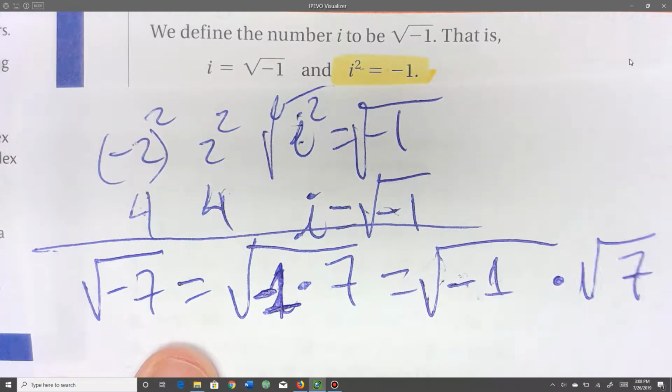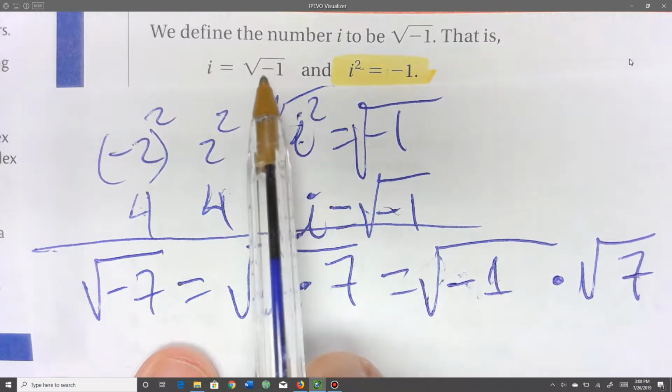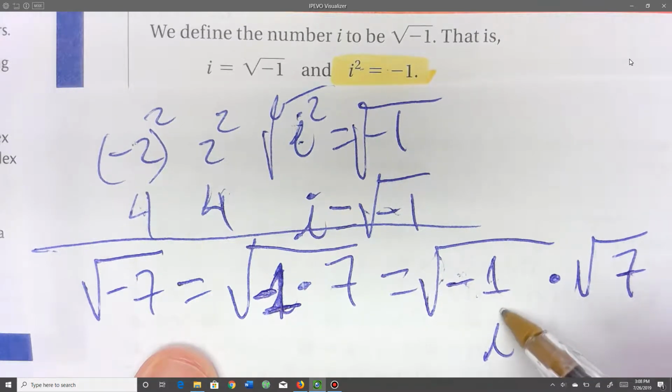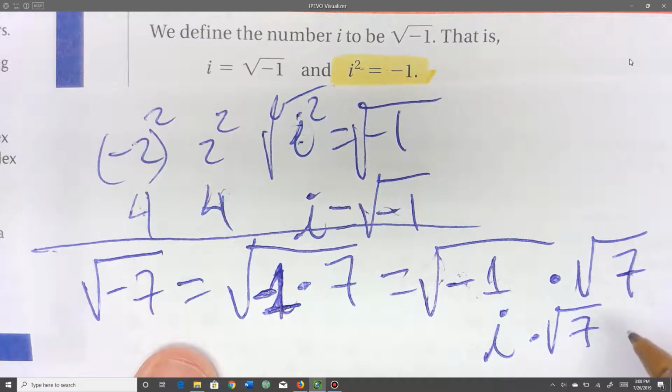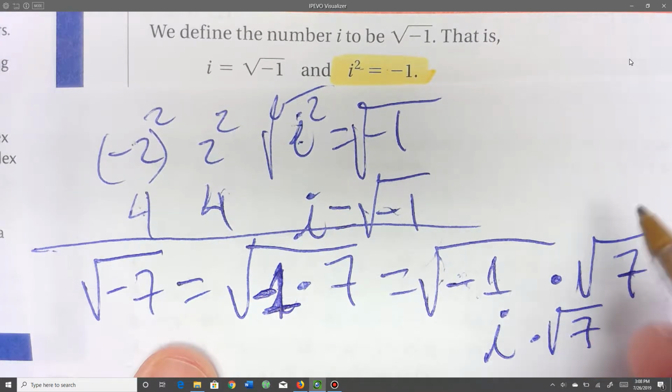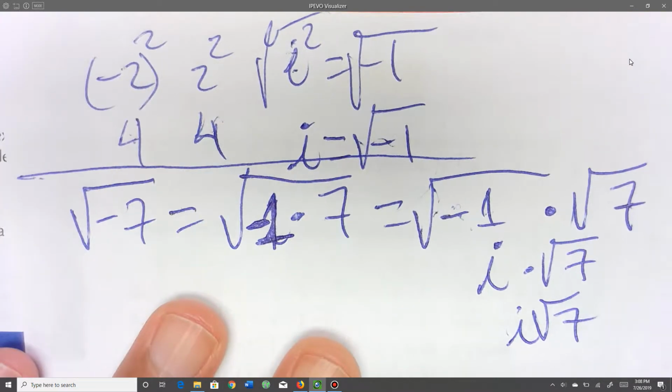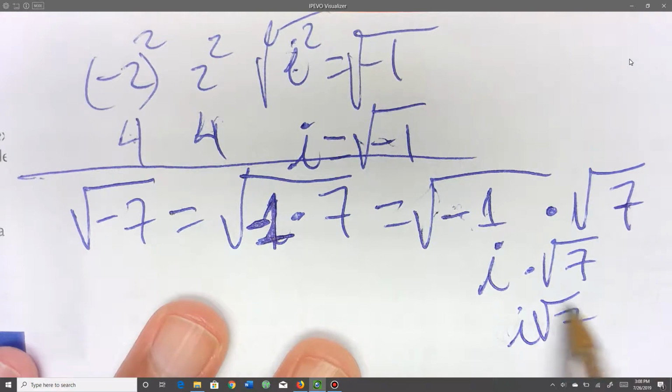And we know that the square root of negative 1 means I, so we can rewrite it as I times the square root of 7, or I square root of 7. And you're probably more familiar with this setup right here.